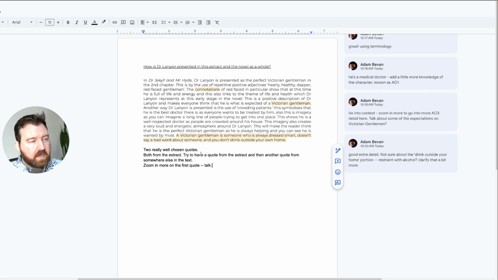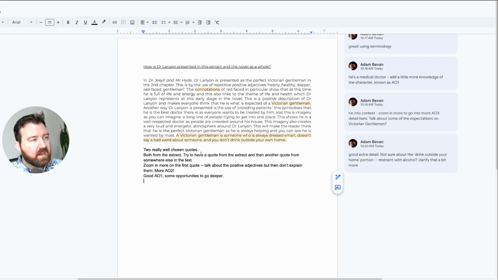You talk about the positive adjectives, but then don't explain them. So that could be more AO2. Overall, good AO1, so that's your understanding of the text, but some opportunities to go deeper.